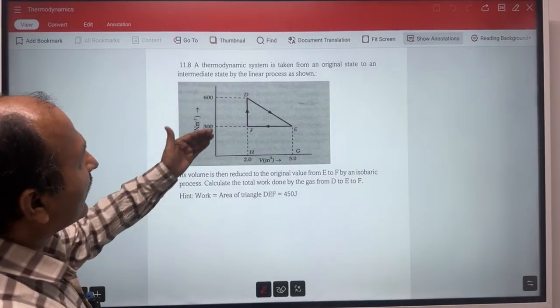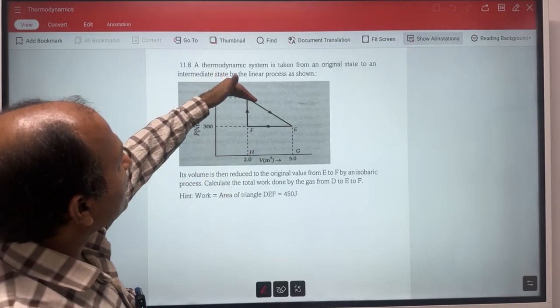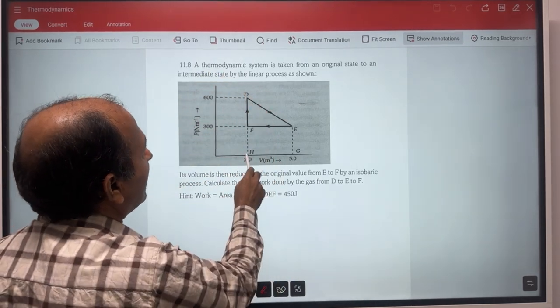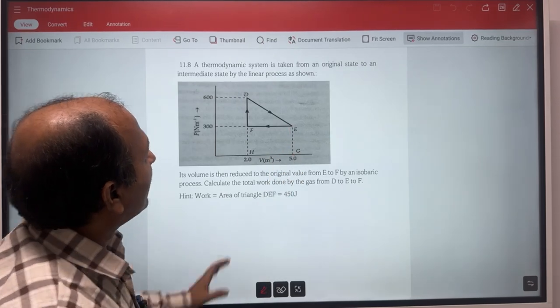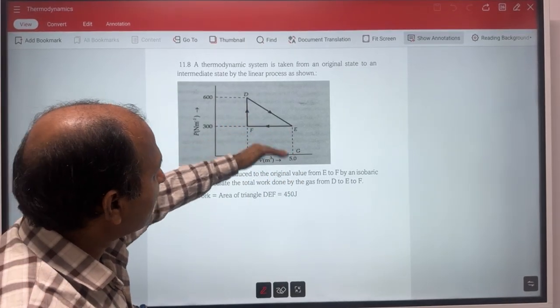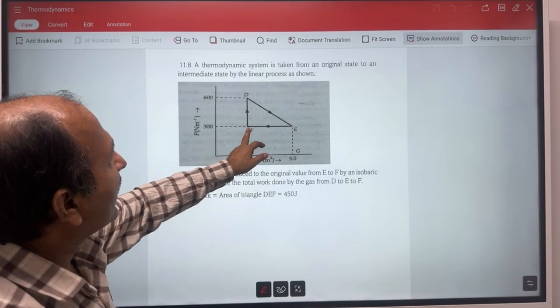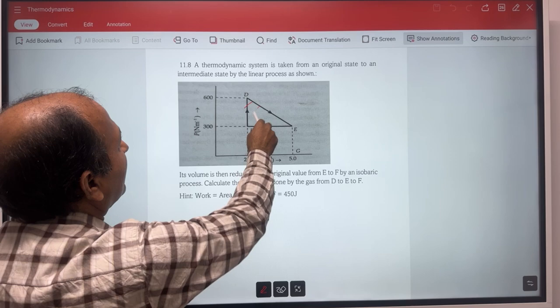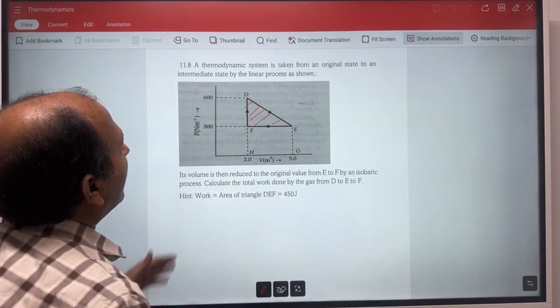If you use the indirect method, then you have to consider the total area included by DHGE, which will be the area of a trapezium. Then you have to exclude the area of rectangle FEGH. So it is better to find the area of this triangle directly, half base into height.